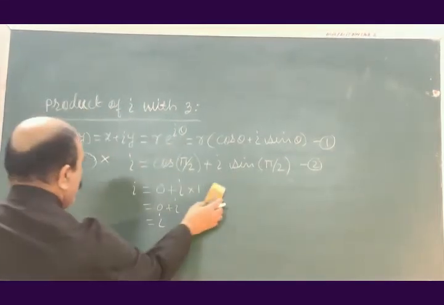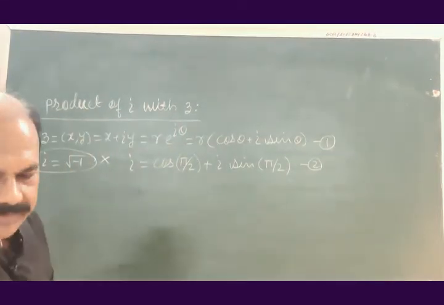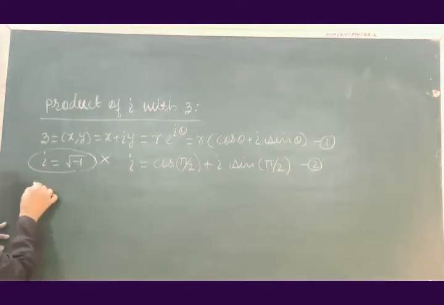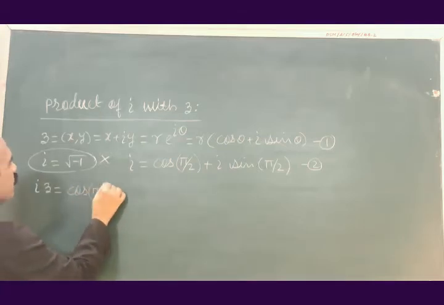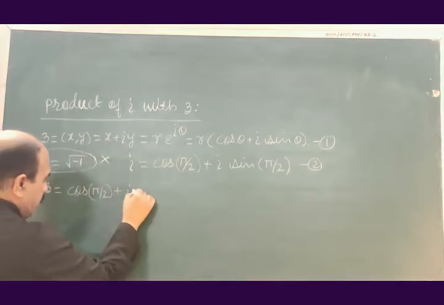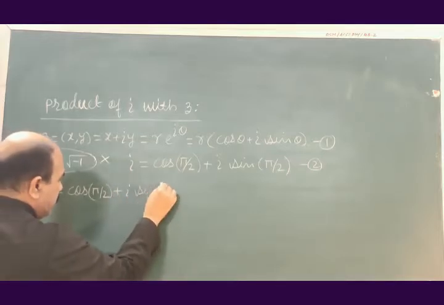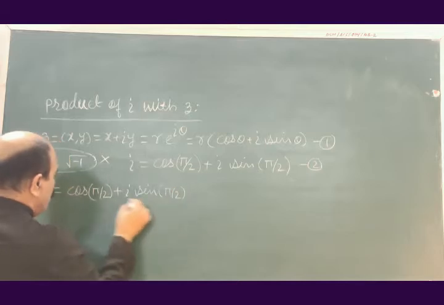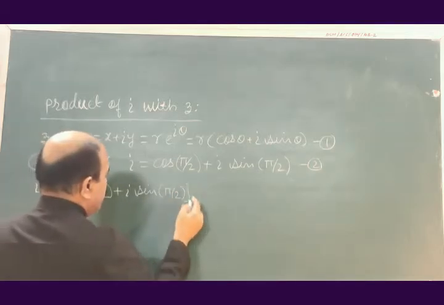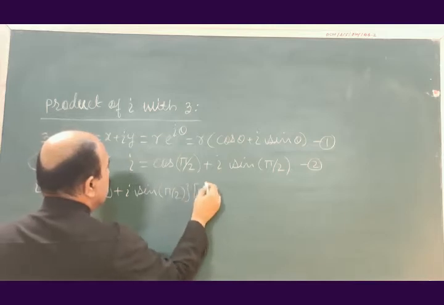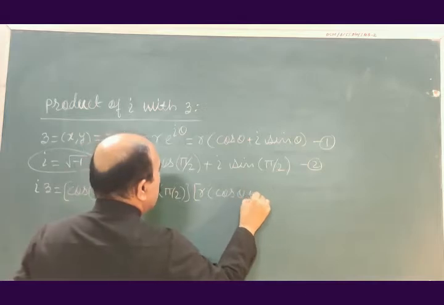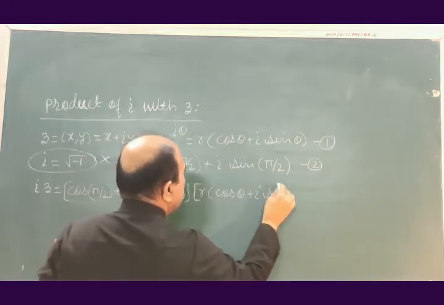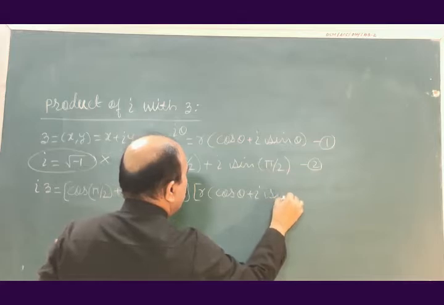So the product will be i into z is equal to cos pi by 2 plus i sin pi by 2 in one bracket into, in the other bracket, r cos theta plus i sin theta.